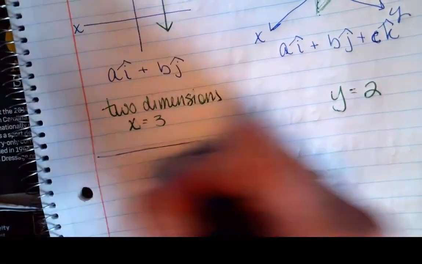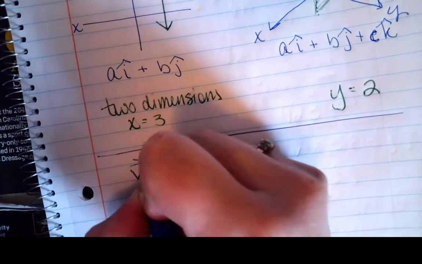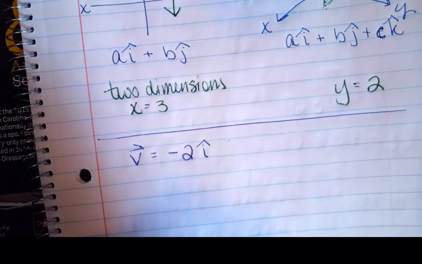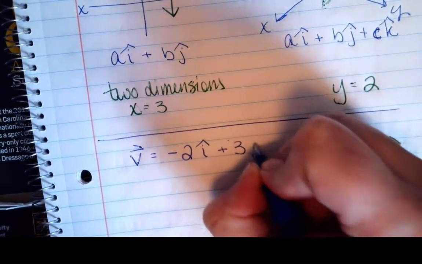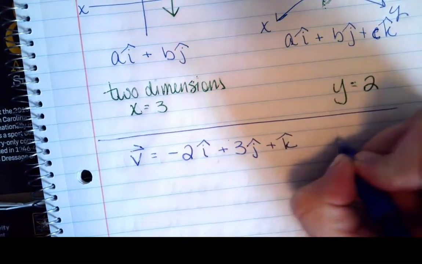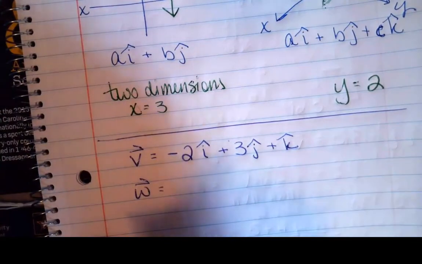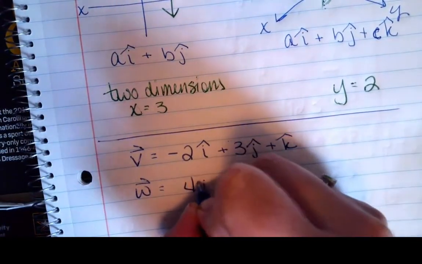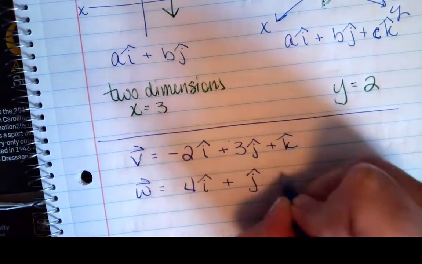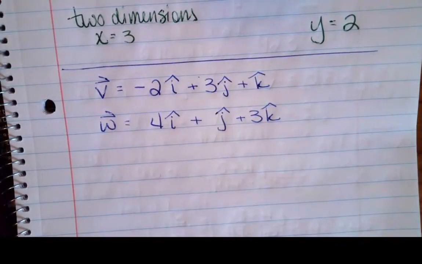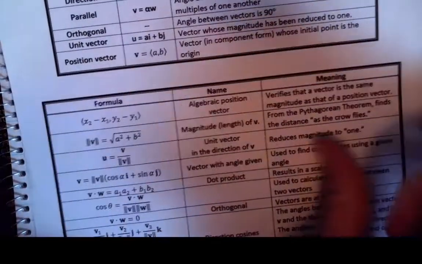So my vector v is in 3 dimensions: negative 2i plus 3j plus k, and vector w is 4i plus j plus 3k, so 4, 1, and 3. First I want to find the dot product and then use that dot product to find the angle between the two vectors.